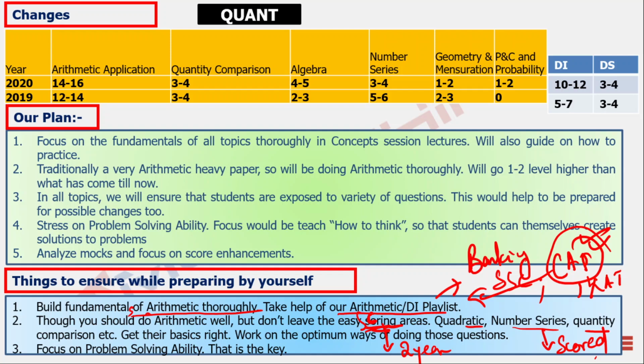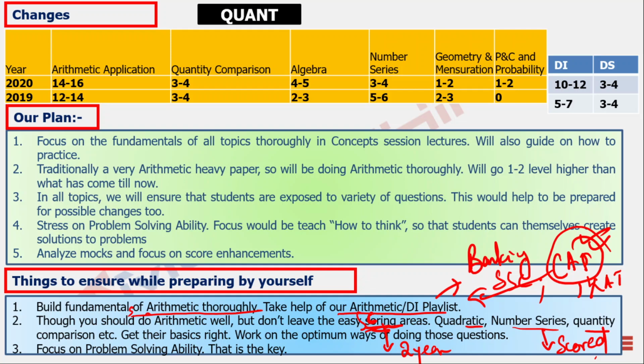But that's not necessary. Once you have practiced a lot, once you have trained yourself on the concepts thoroughly, you can identify by looking at the question whether it's a more time-taking question or a less time-taking question. Right. So work on the optimum ways of doing these questions.